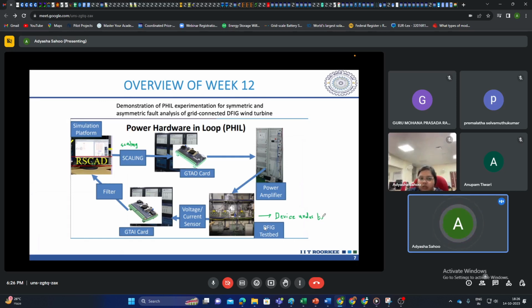Then we know two converters are there in DFIG. This is the rotor side converter, this is the grid side converter. And here you can see the DFIG, and it is being driven by this DC motor.